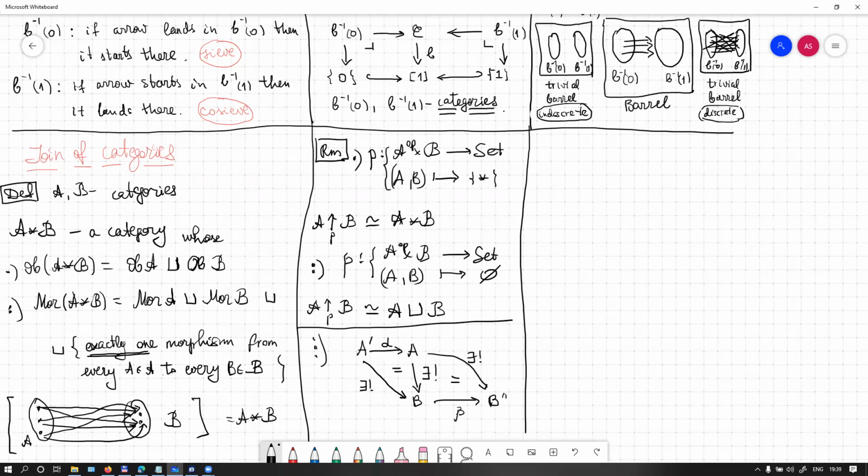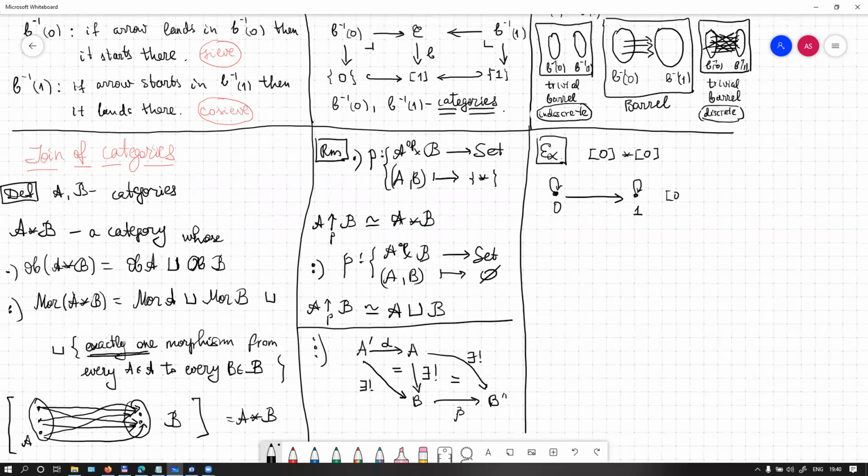So example, when we take 0 join 0, we are taking an object here. Let us call it 1. Here is object 0, here object 1. They have identity loops on them. And we are joining them with exactly one arrow from 0 to 1.